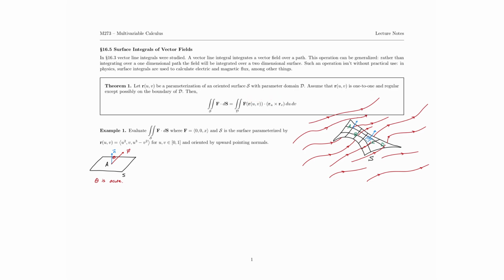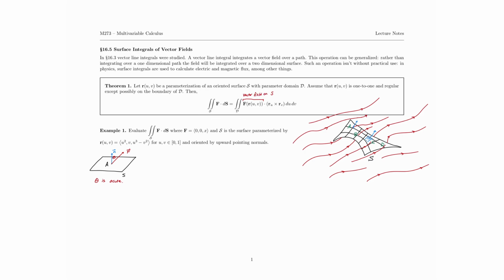So this R of UV is just a way of more conveniently describing the surface S in more familiar terms. So this is really no different than just the vector field, but we're choosing to describe the vector field, we're restricting it. Effectively, we are restricting the vector field to the surface. So this is the vector field on the surface.